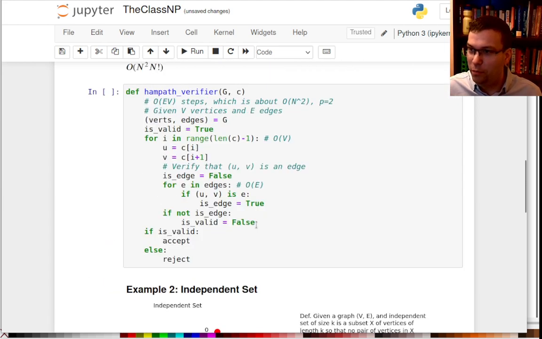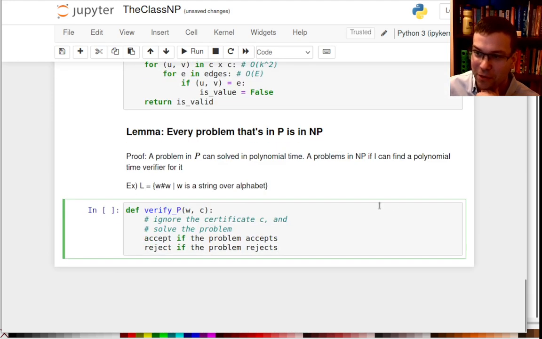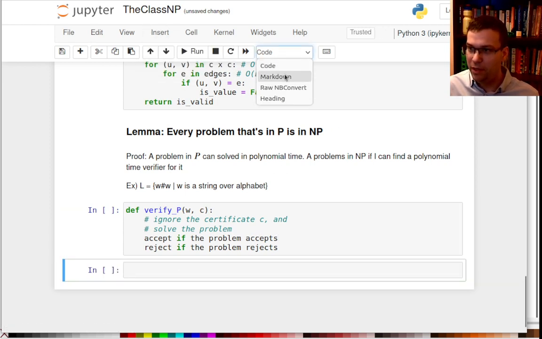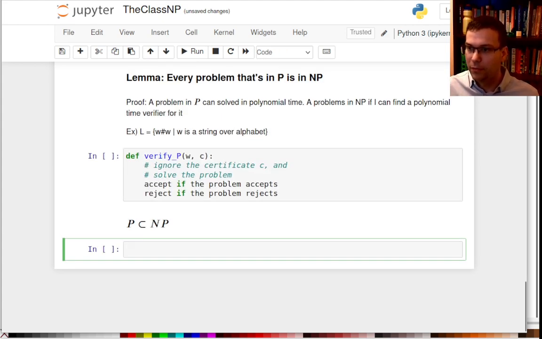Certainly, if I go back to my definition of NP, there exists a certificate so that this verifier accepts W in the certificate if W is in the language. Well, any certificate would work. I could just put bogus in there because I ignore it. So what this shows, if I were to write it down using set notation, is that P is a subset of NP.